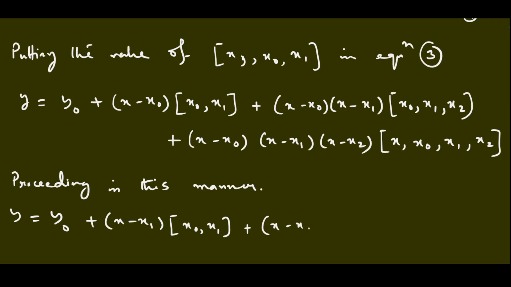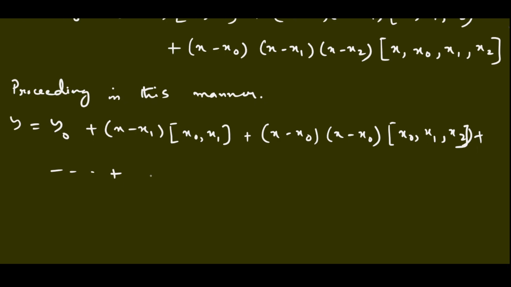Then two factor with second difference, x naught, x1, x2, plus, and in the same way, the last term is the n factor: x minus x naught, x minus x1, then x minus x n minus 1, with x naught, x1, dot dot dot xn. So the formula we'll get.